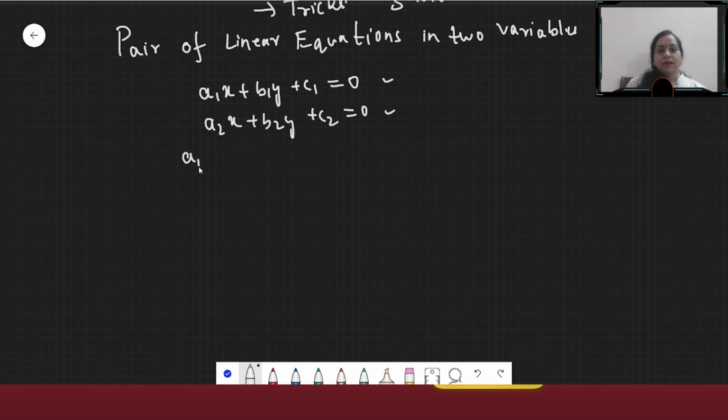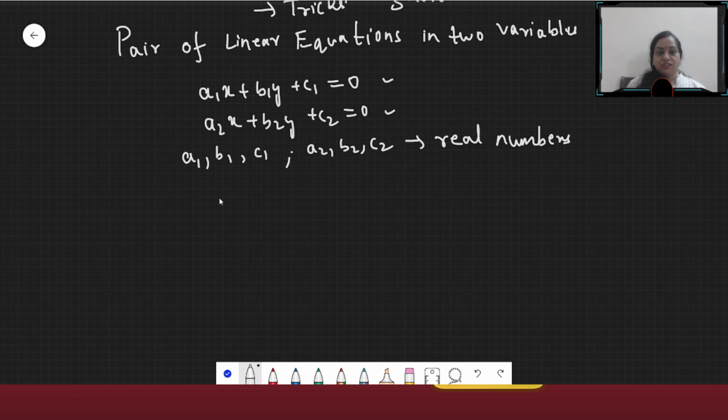Here you have to remember a1, b1 and c1, and along with that a2, b2 and c2. a1, a2 are the coefficients of x, b1, b2 are the coefficients of y, and c1, c2 are the constants. All these are real numbers.